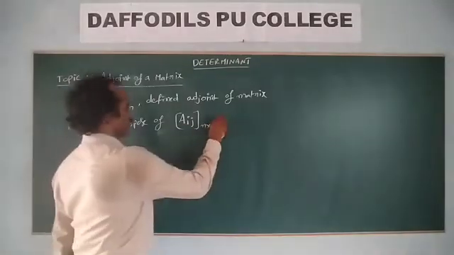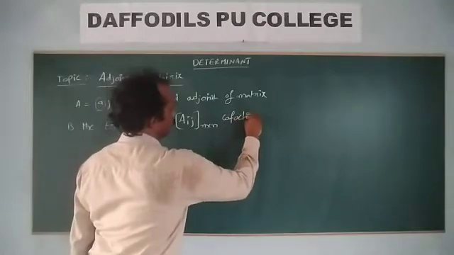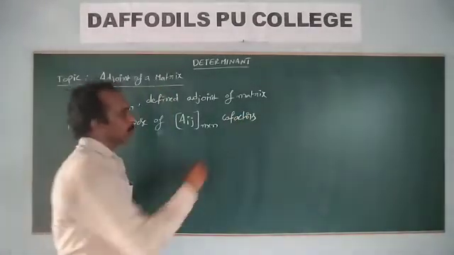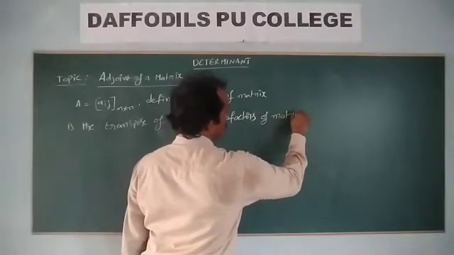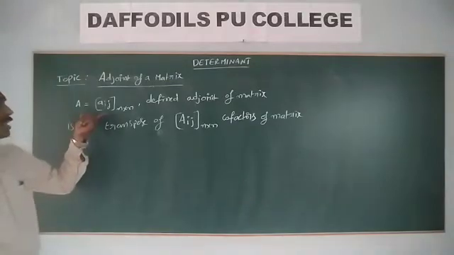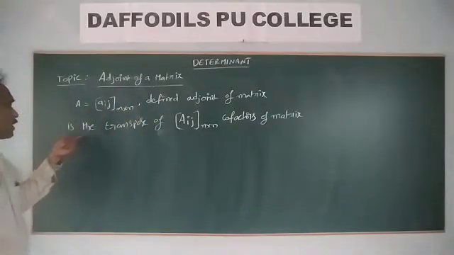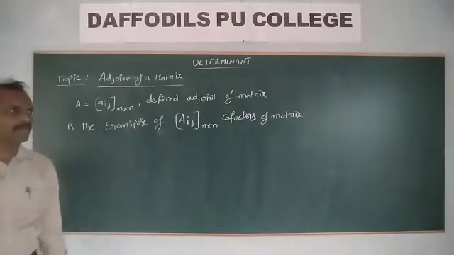Transpose of cofactors of the matrix. So the adjoint of a square matrix is the transpose of the cofactors of the matrix.